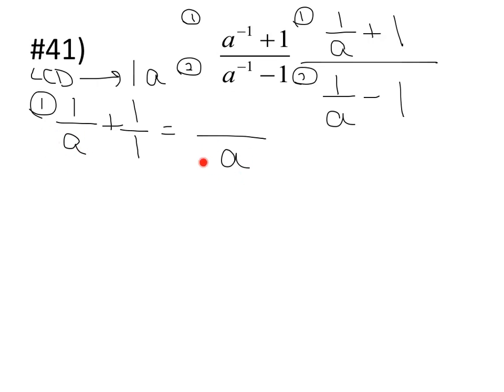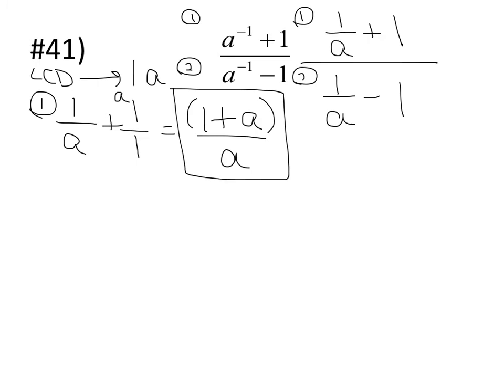This denominator isn't missing anything over here. This denominator is missing an A. So you multiply that times the numerator. So up here you end up with 1 plus A, or 1 plus 1A, but you don't necessarily have to write that. This is your new numerator. And then your new denominator is 1 over A minus 1 over 1. So LCD, same situation.